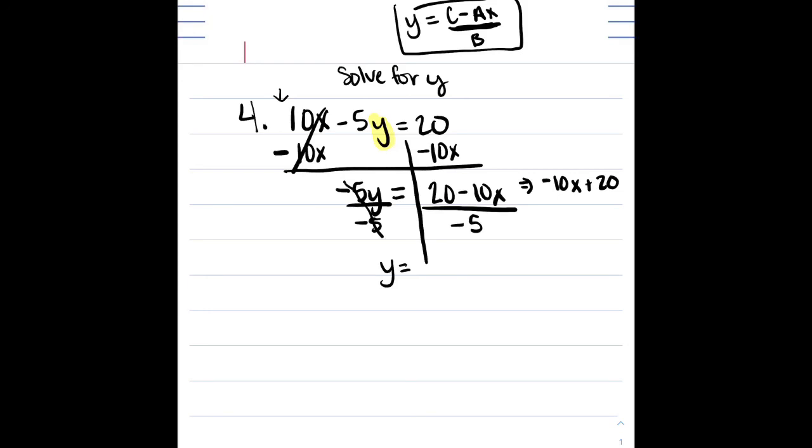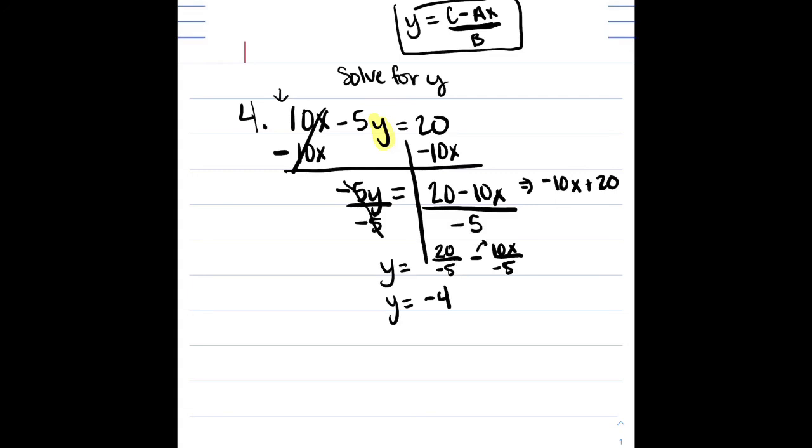Now this problem I can simplify a little bit. This is essentially two different problems here. I have 20 divided by negative 5 minus 10x divided by negative 5. So if I look at this, I have y equals 20 divided by negative 5, which is just negative 4. Positive divided by negative is a negative. 20 divided by 5 is 4.